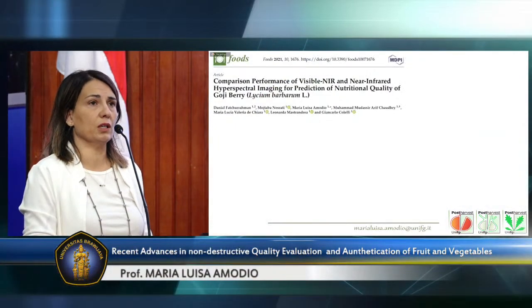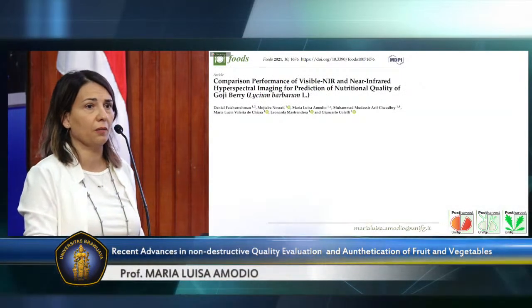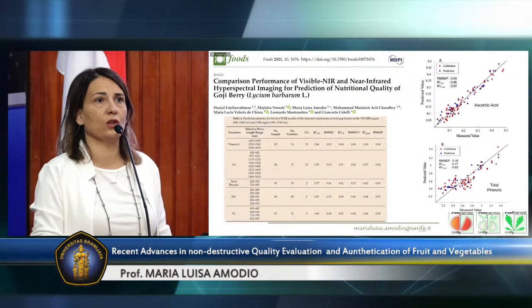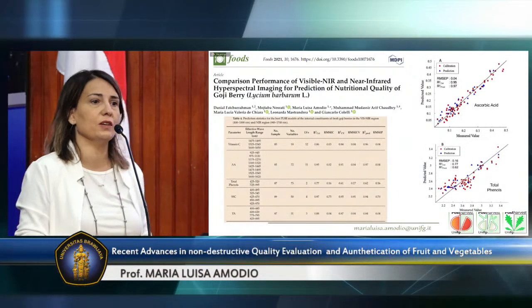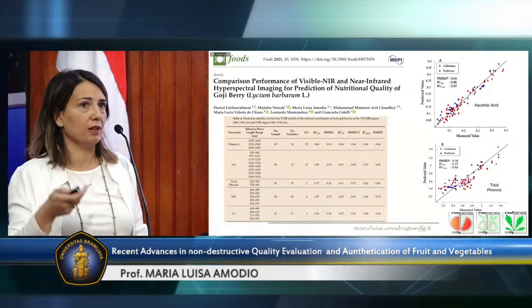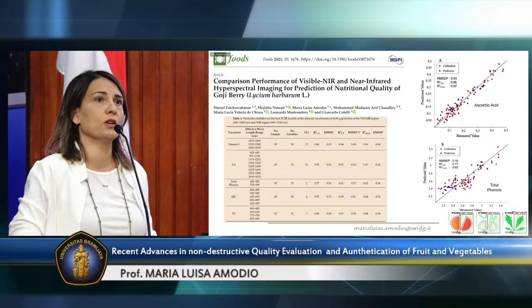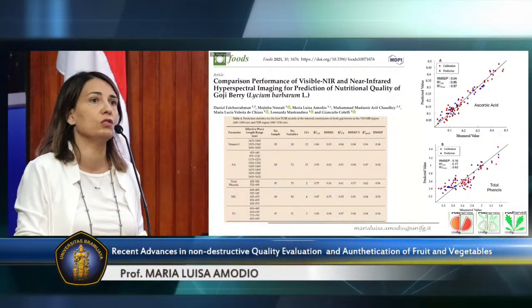This is a work we did on goji berry. Actually, Daniel Fachuraman is my PhD student, who just got his PhD. He came from this university to the University of Foggia, and in his thesis he worked a lot with goji berry. He worked also on many other crops, but the thesis focused on goji berry.